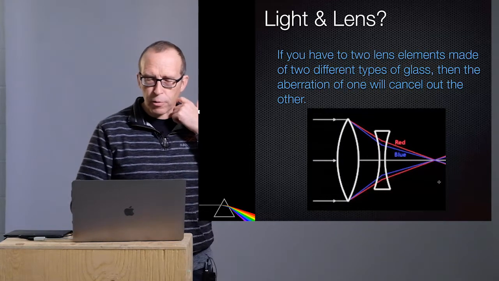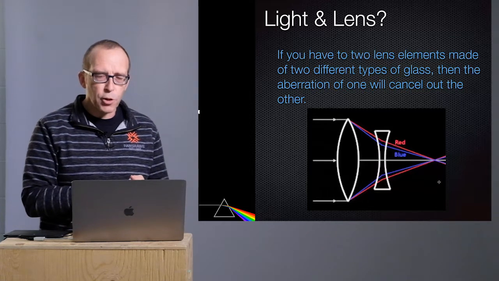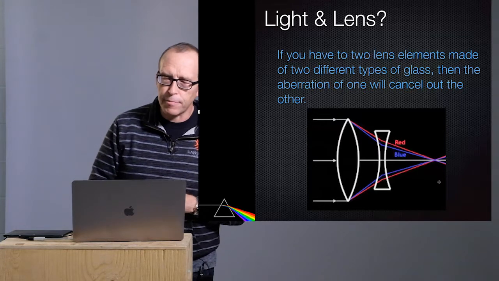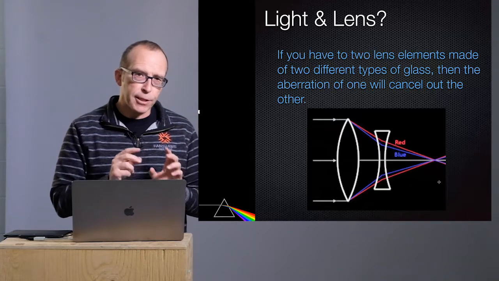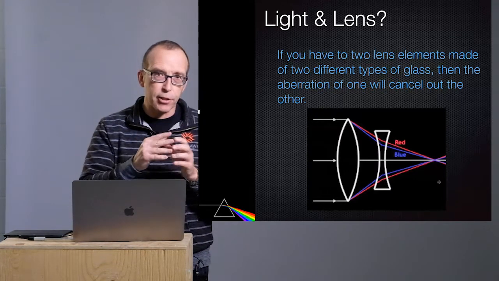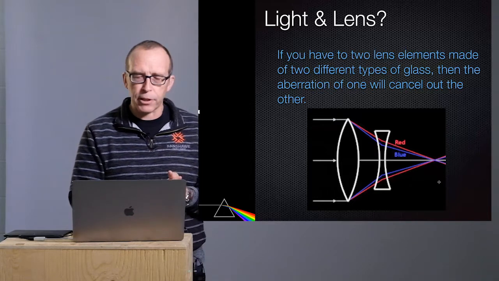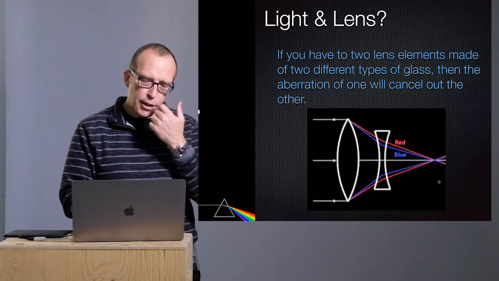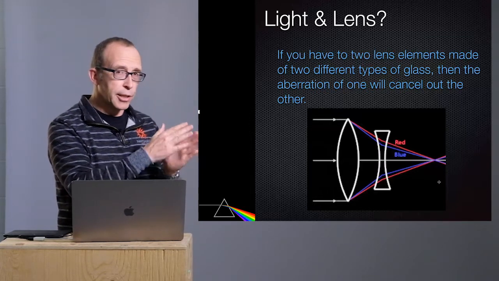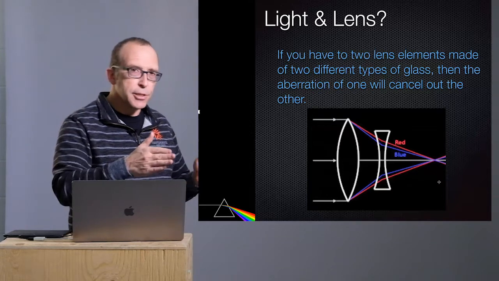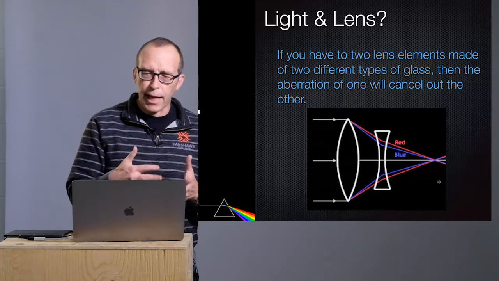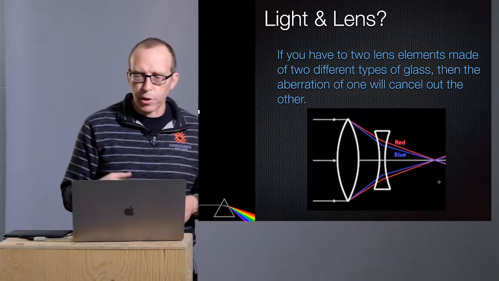If you take two lens elements, and one's positive and one's negative, and not only that, they are made out of two different types of glass that have a slightly different refractive index, so they bend the light slightly differently, and you put them together, you get this situation where the first lens splits the different colors apart, and then the negative lens brings them back together, but at a slightly different amount, so the problem sort of cancels itself out, and they come to a focus point.